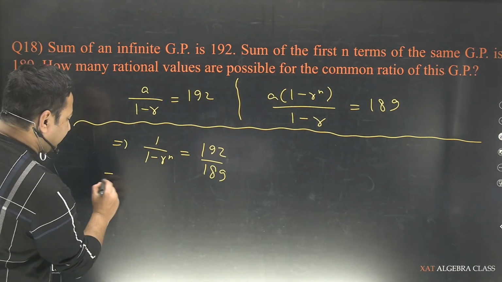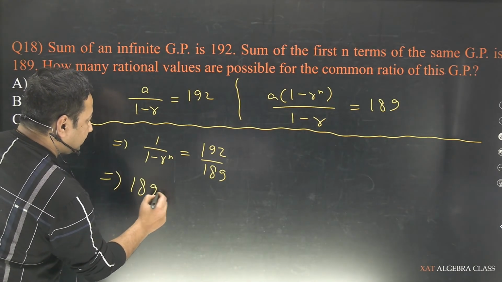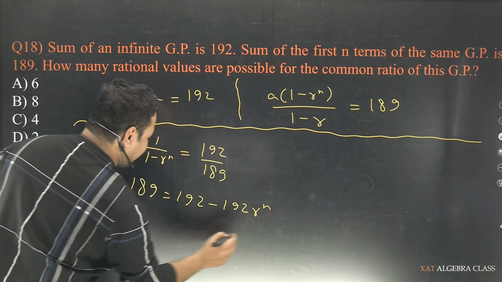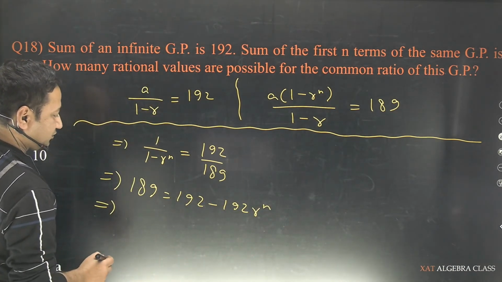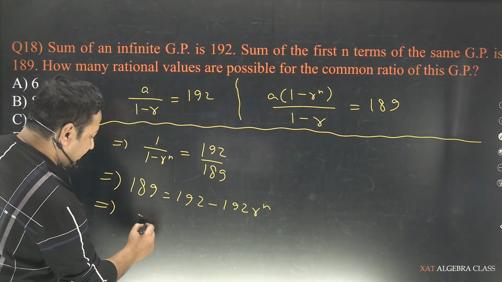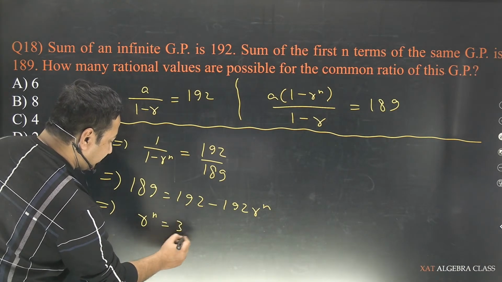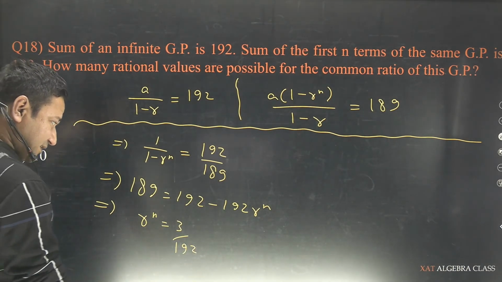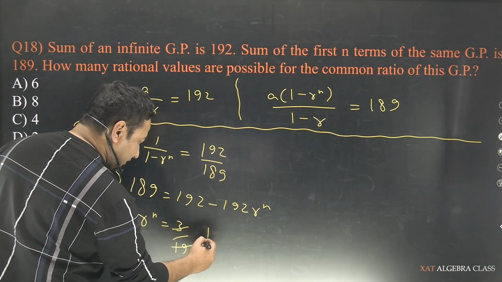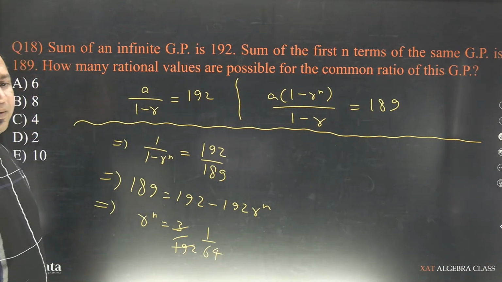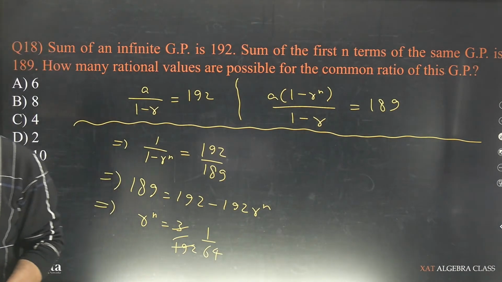Now if I solve it, I'll get 189 is equal to 192 minus 192 times R to the power n, which will be equal to how much? Okay, this will be equal to R to the power n is equal to 3 upon 192. Am I right? Yeah. And if I try to simplify it, I'll get 1 upon 64. R to the power n, I'm getting as 1 upon 64.